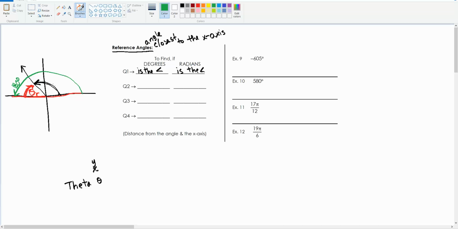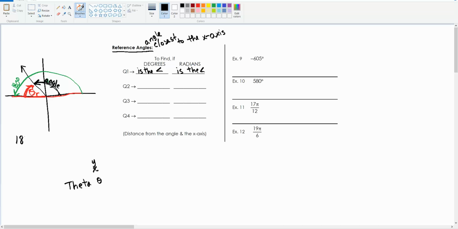Let's say this is your angle. You happen to know the angle. So how do we find this one? Well, take 180, we subtract this angle, and you've got the leftover.